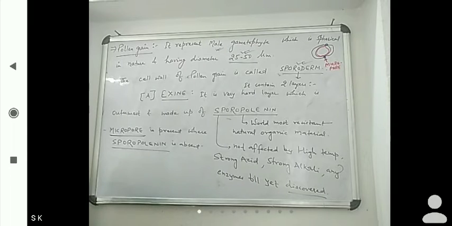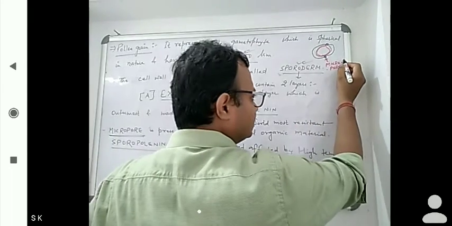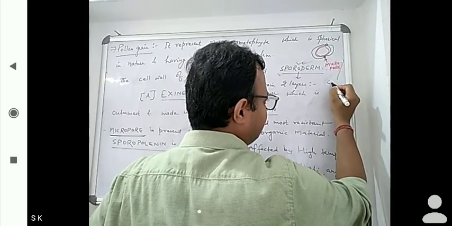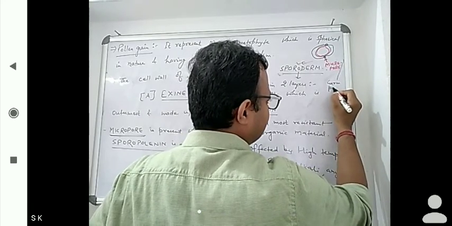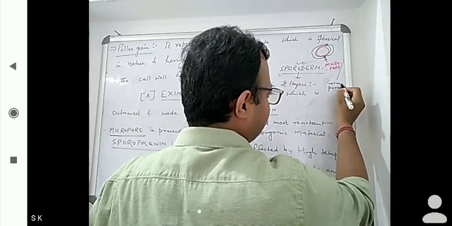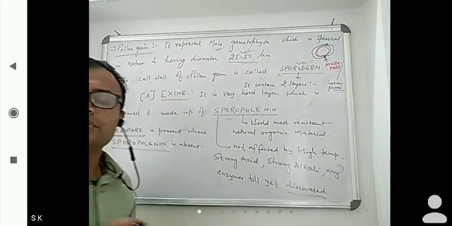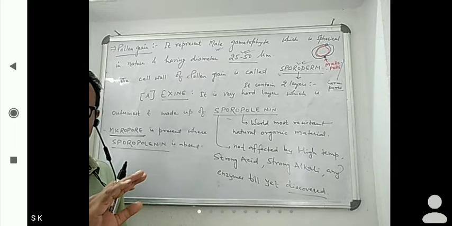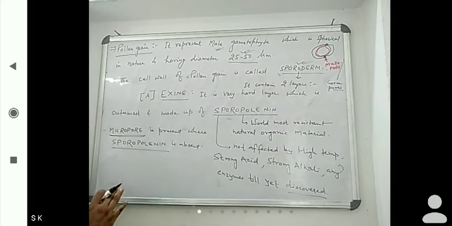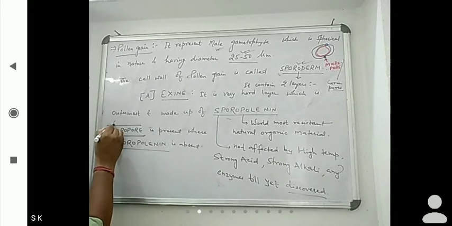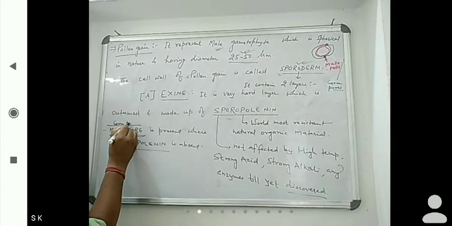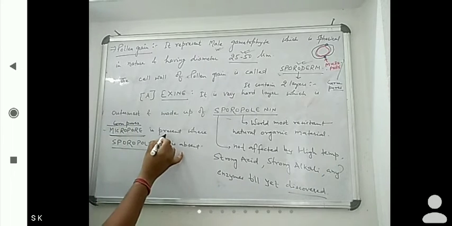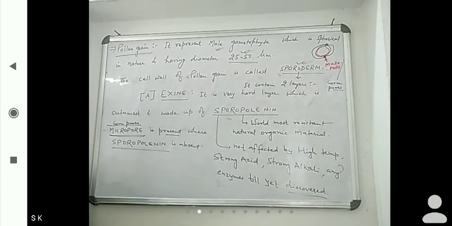Okay. Now this micropore is also known as germ pores. Another term is germ pores. These germ pores allow nutrition to go inside. So these germ pores or micropores are present where sporopollenin is absent.